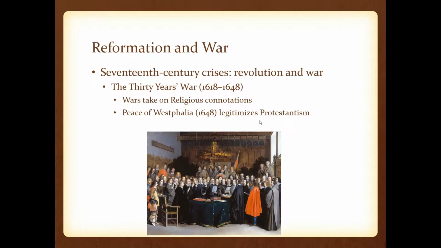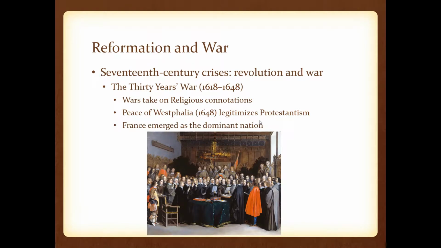Eventually, in 1648, you have a stalemate between Catholics and Protestants, and there needs to be a peace. The Peace of Westphalia in 1648 legitimizes Protestantism.